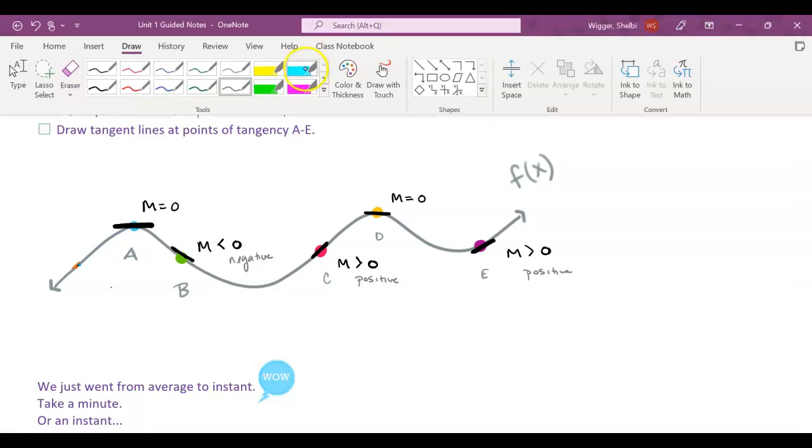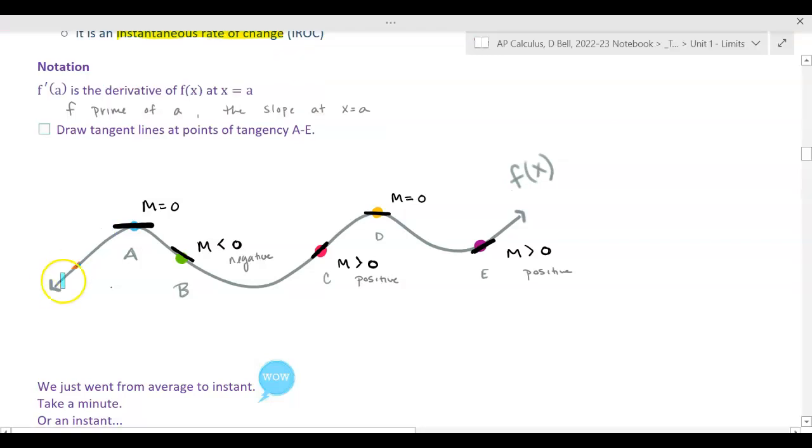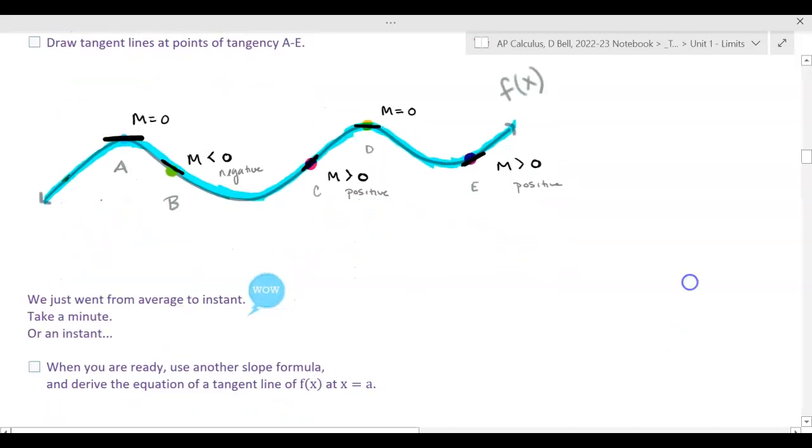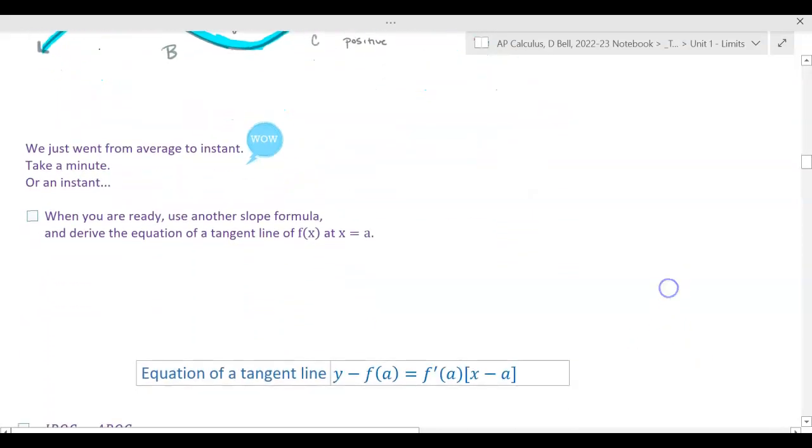We start out increasing. And then it's 0 at the maximum. Slope is negative. It'll be 0 again at this minimum. Slope is positive, 0 at the maximum, negative, 0 at the minimum, and then it ends positive. So we just went from average to instant rate of change.